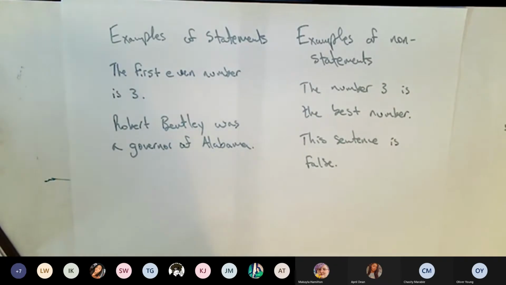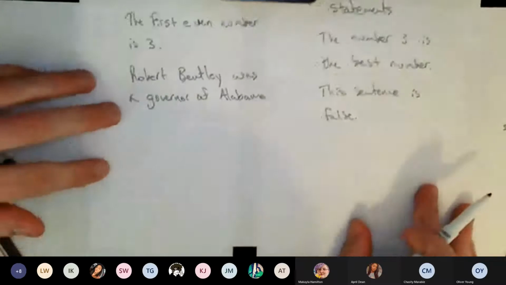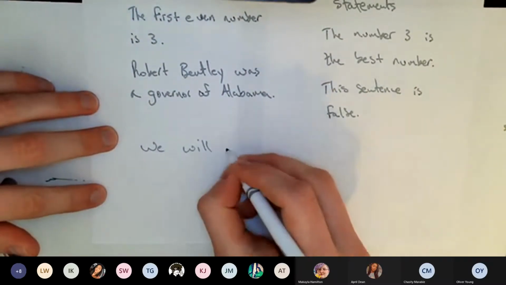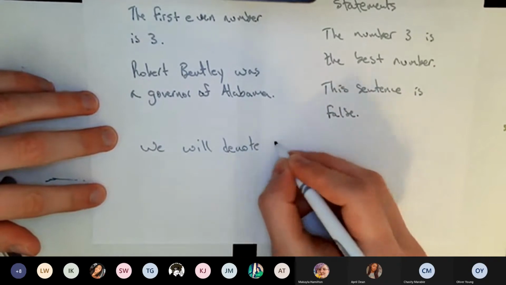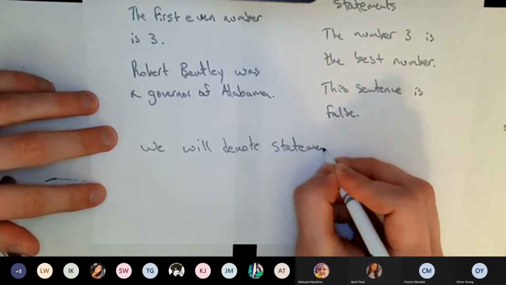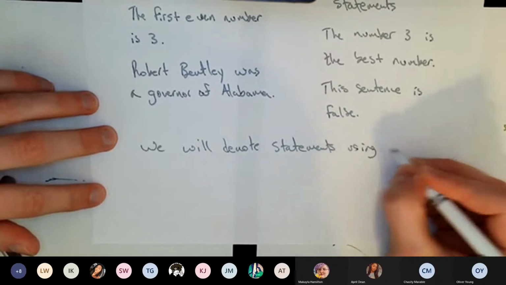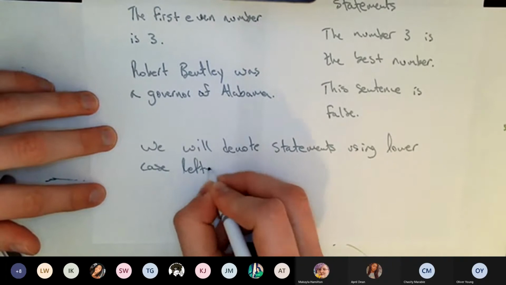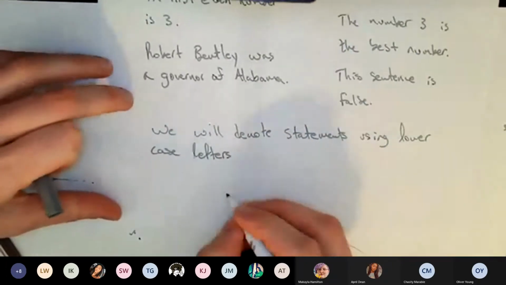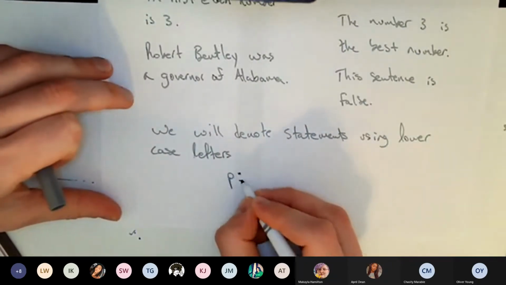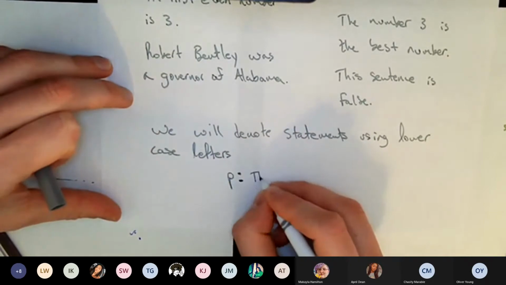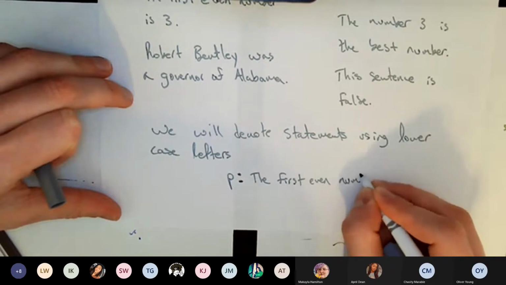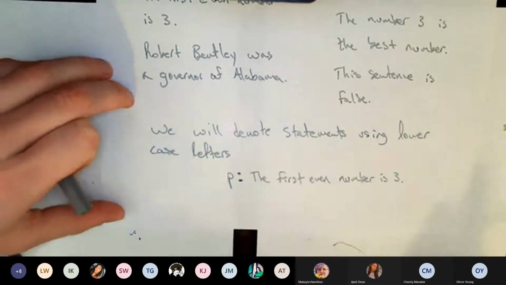Now, this is pretty straightforward. We will often denote statements using lowercase letters. So I might name this statement p, lowercase p with a colon, and then say the statement: the first even number is 3.